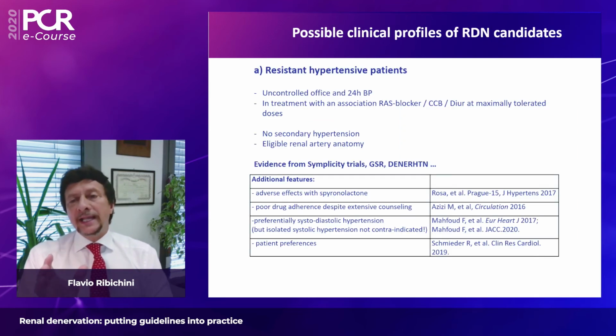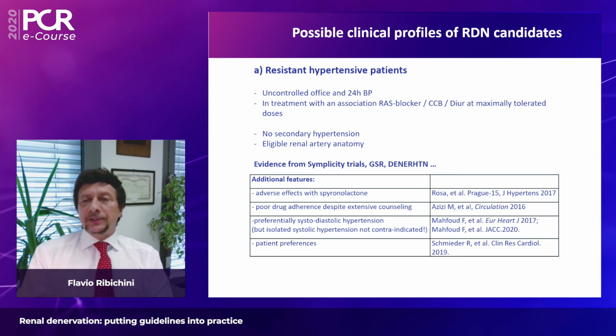So the possible candidates that can be treated with renal denervation can be those with uncontrolled office and ambulatory blood pressure, those under treatment with an association of renin-angiotensin blocker, calcium channel blockers, and diuretic, but not reaching the target, and of course, after the exclusion of secondary causes and being eligible for the technique.